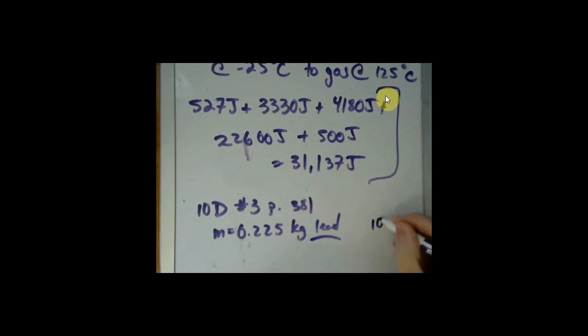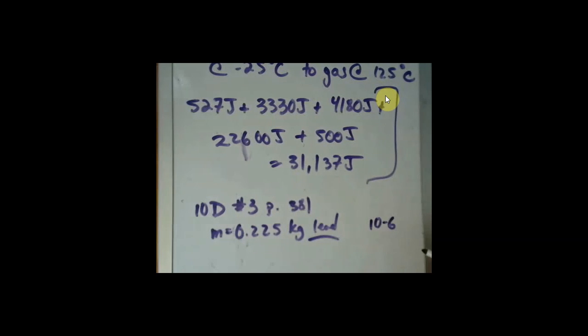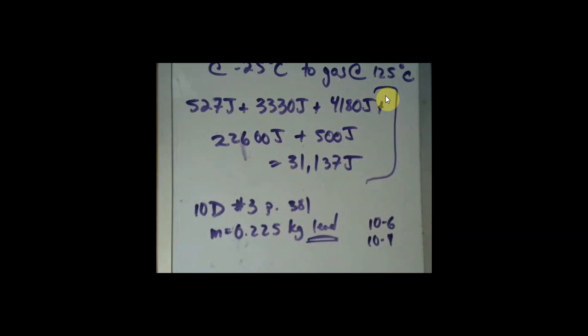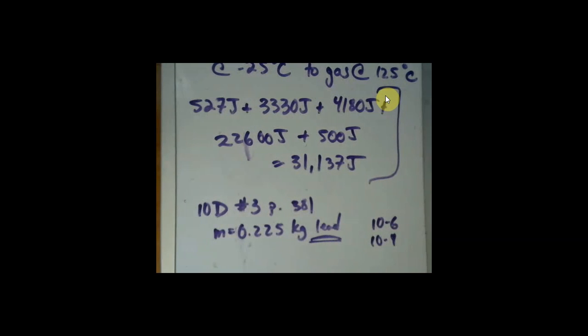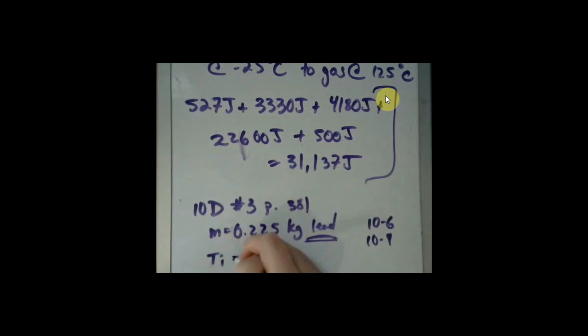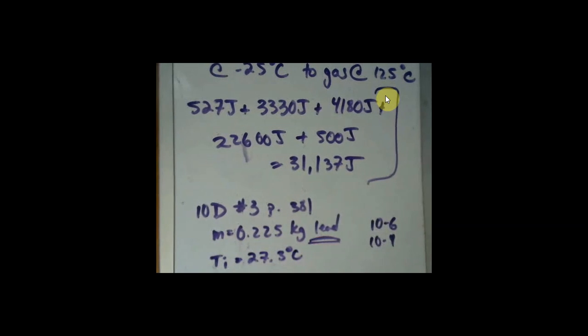So we're going to look on table 10-6, and you're going to look on table 10-4 in order to figure out this problem using lead. Okay, so we have a mass of 0.225 kilograms.